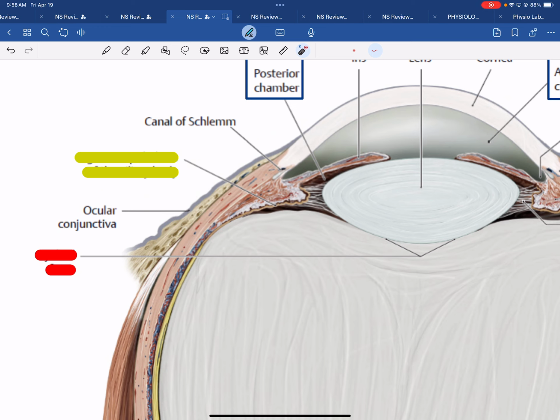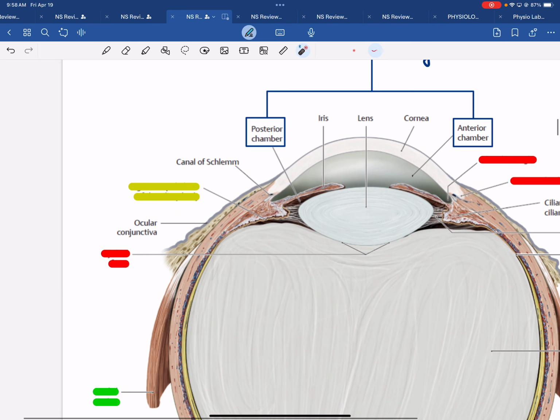Protection against desiccation, too, because it's lining the eyelid, and every time you blink you're washing fluid from the lacrimal gland over the cornea and the sclera. So it's also preventing the eye from drying out.